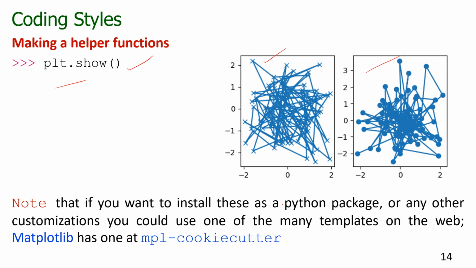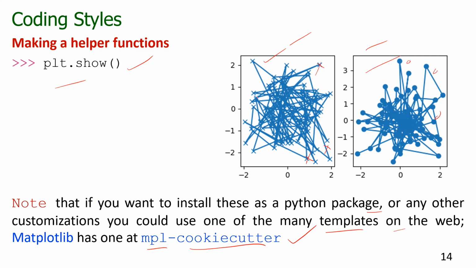If you want to install this as a Python package or for any other customization, we could use one of the many templates on the web. Matplotlib has one at mpl-cookiecutter. So these are all the plots, the same with a different representation. Here you can see this is the x style and this is the o style.